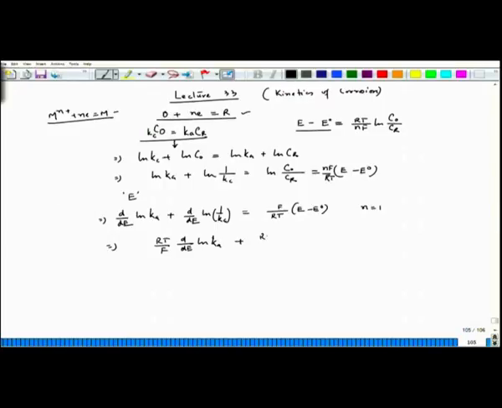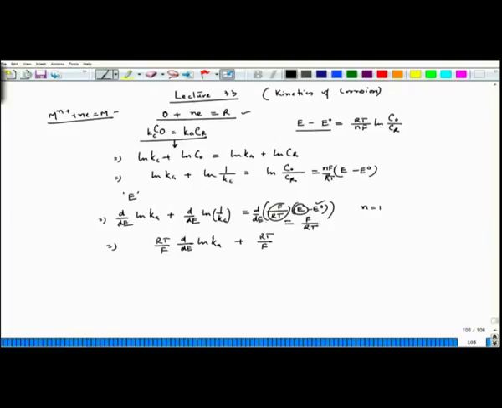plus RT by F d/dE ln 1/K_C, and on this side, when we are doing d/dE, since this reaction is taking place at constant temperature and 1 Faraday is constant, it would become 1.